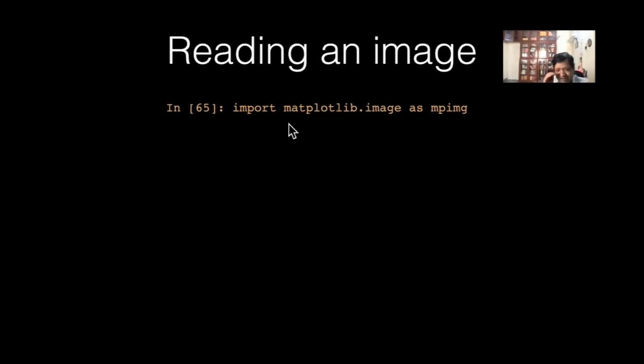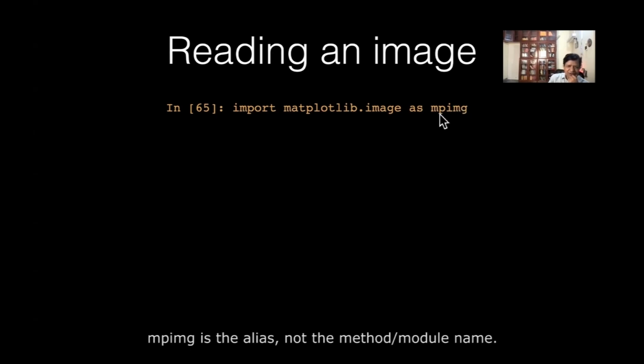So now we can read an image in Python. Python can do many things. I'm just giving you a few samples that are useful for this course. We are not going to work with images, so this is just for interest. matplotlib.image has a module called mpimg.